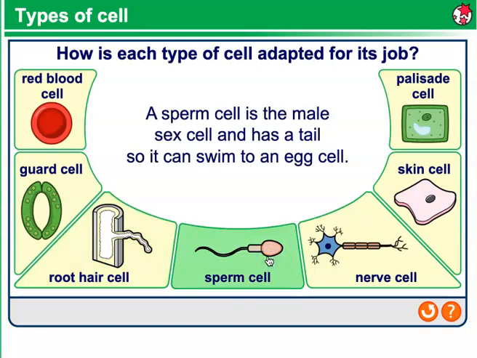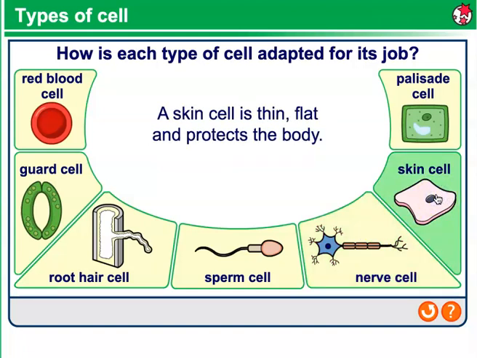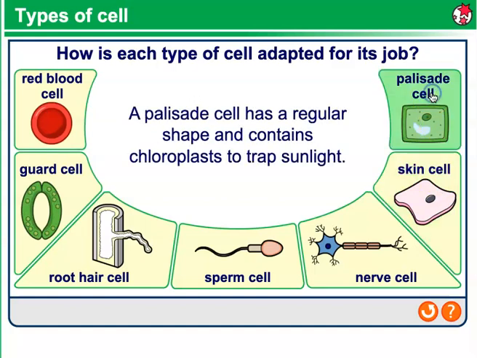A sperm cell is the male sex cell and has a tail so it can swim to an egg cell. Nerve cells. A nerve cell is long, branched, and transmits electrical messages. Skin cells. They are thin and flat, and they aid in protection. And palisade cells, they are a regular shape, and they contain chloroplasts to trap sunlight.